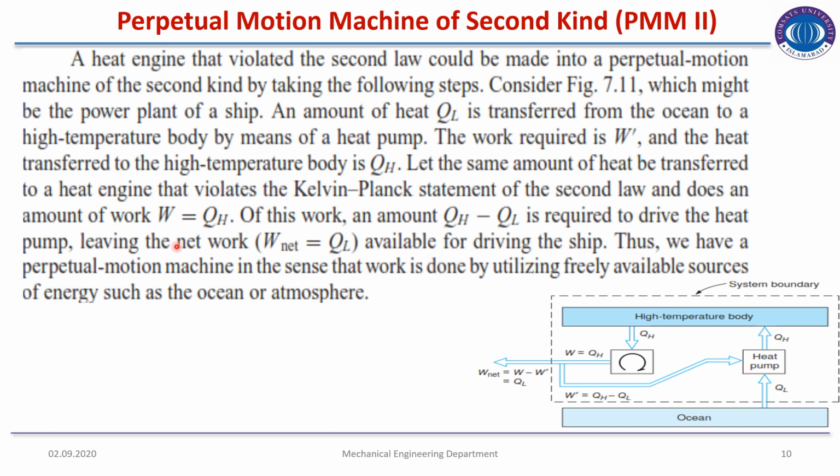Thus we have a perpetual motion machine in the sense that work is done by utilizing freely available sources of energy such as the ocean and atmosphere. In this manner you can theoretically design a perpetual motion machine of second kind. Here in this example, we have designed one in which the heat engine is part of the power plant of a ship, and the low energy thermal reservoir is the ocean.